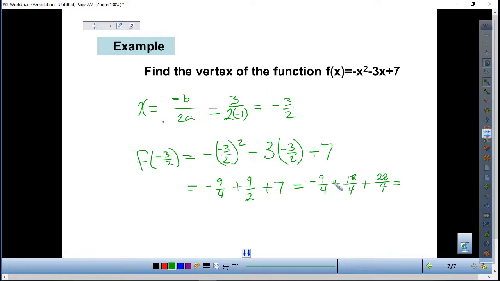Alright, -9 plus 18 is going to give me +9. 9 plus 28 gives me 37/4. So my vertex for this ugly thing right here is nothing more than -3/2, 37/4. Not real pretty to graph, but as far as just doing the work, it's not that big a deal.